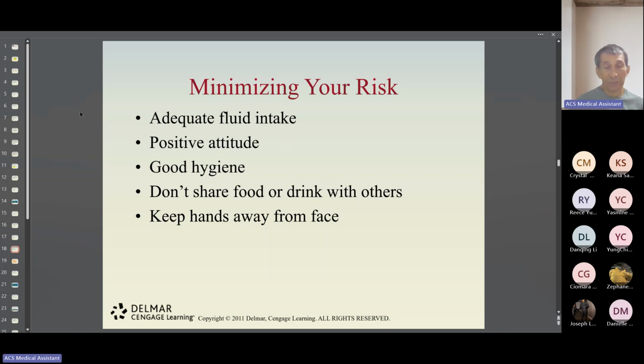Good hygiene, of course. You need to take showers. You need to keep up your hygiene as a female, as a male, private parts, things like this. It's not just to look good or smell good, but to eliminate some of the potential microorganisms that might be entering our body if they are on the surface.